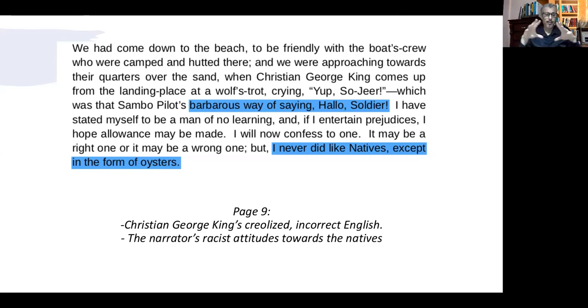Now, here, I'm going to talk about two passages, ladies and gentlemen, that show that yes, there was change in terms of class stratification and then class consciousness.